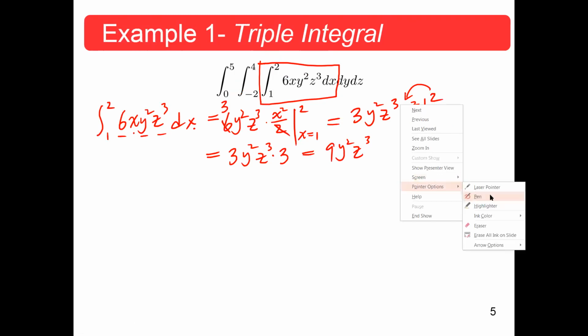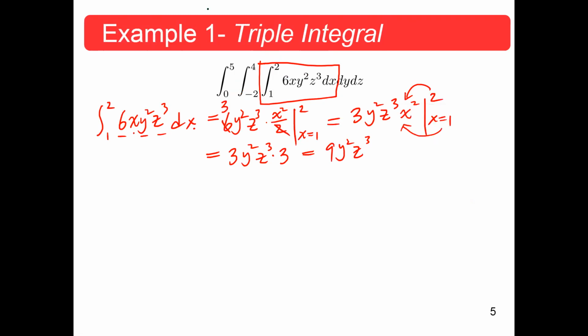For a triple integral, we just have 3 layers in total. So we just follow our previous procedure for iterative integrals. The second layer goes from -2 to 4, and this red box will be 9y squared z cubed dy.